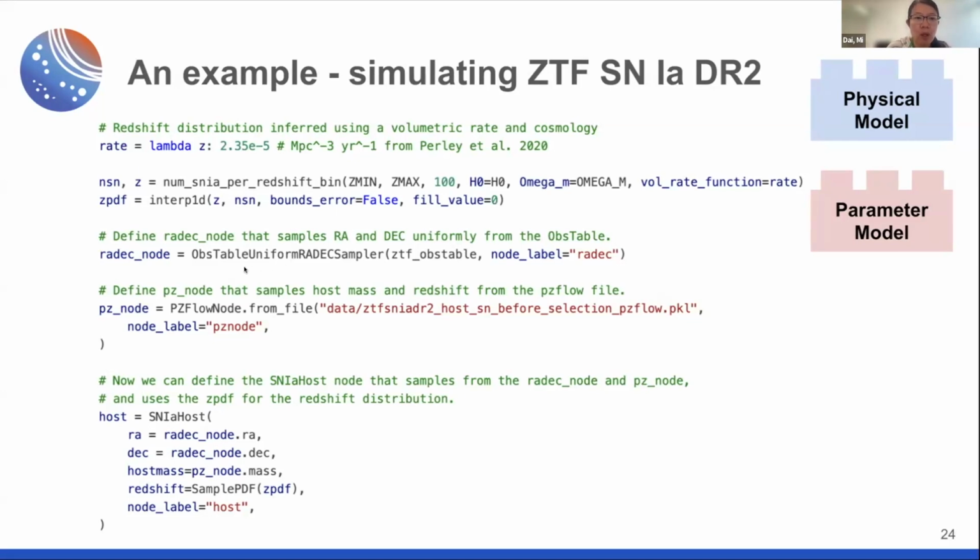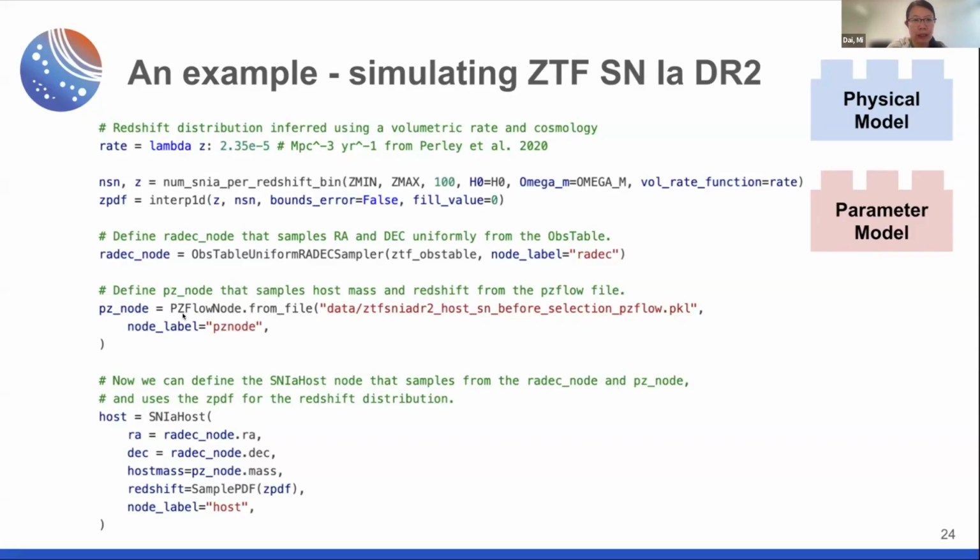And then we can generate RA and DEC from uniform sampling of the actual footprint of the survey.